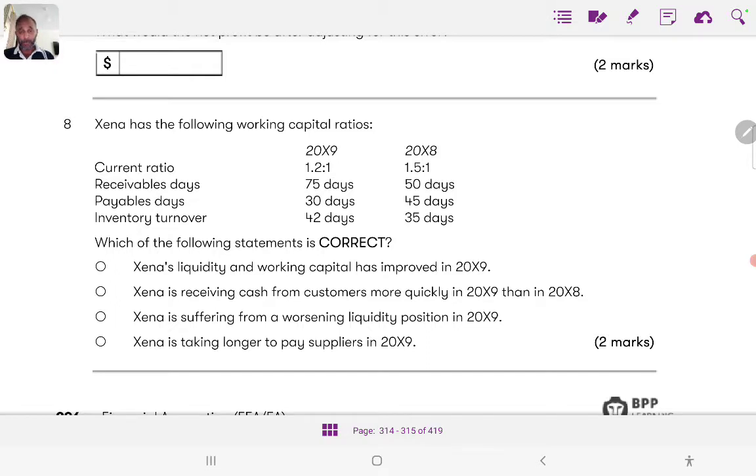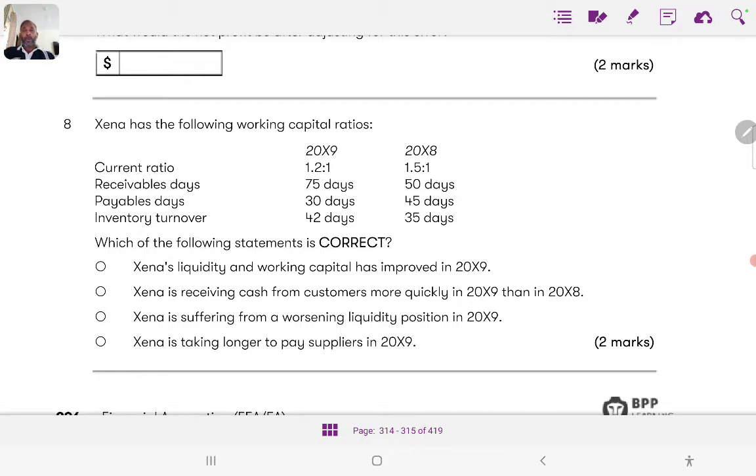Payable days: last year it was 45 days, so we had a comfort period with a good number of days to pay suppliers from the date of purchase. But currently it has reduced to 30 days, so the suppliers are also tightening on us. They are holding us up, and so the liquidity situation is getting even worse.